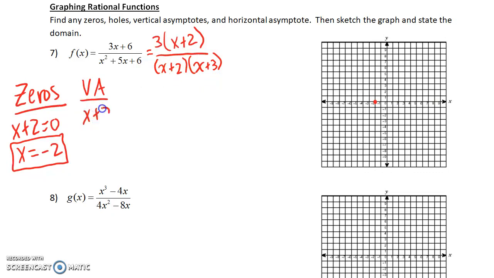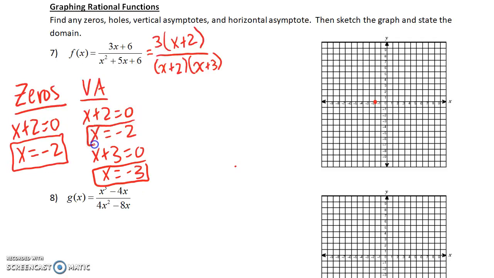So x plus 2 equals 0, and x plus 3 equals 0. I'm going to put more space there. Okay, solve both of those and I get x equals negative 2 and x equals negative 3. I subtract 3 from both sides, subtract 2 from both sides.